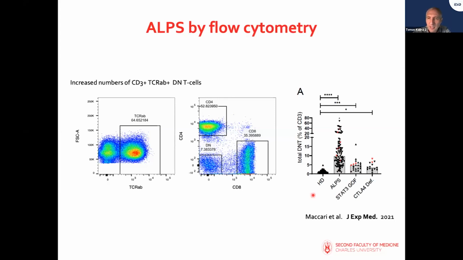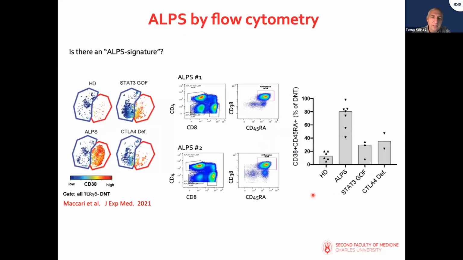But if you add what they called the ALPS signature, which was discovered by broad immunophenotyping using CyTOF, you see that in comparison to healthy donors, STAT3 gain of function and CTLA4 deficiency, the ALPS patients have many cells in this ALPS signature region when you focus on double negatives.